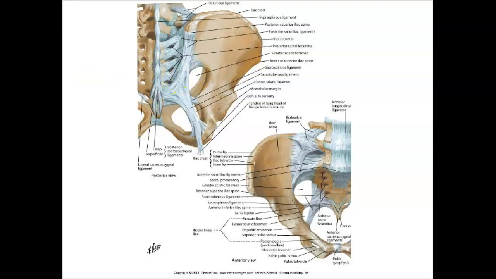Sorry, I kind of lost my place here in my notes. And then along with the pudendal nerve and the internal pudendal artery and vein, they will come over that ischial spine and then re-enter right back into that lesser sciatic foramen. And that's where it's going to be coming into that pudendal canal, where it comes into there. So that's what you'll see there.